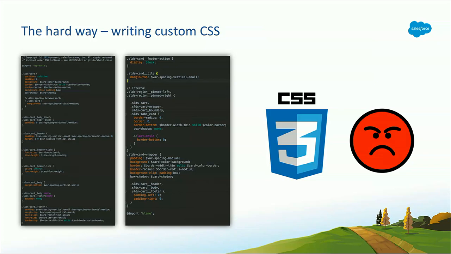We need better tools to do that, right? This CSS here is just for creating one of those empty white boxes, what we call Lightning cards in Lightning Experience. It's about 100 lines for just styling one of those boxes. It's a lot of code, and I didn't even include the markup that you need to write to do that.